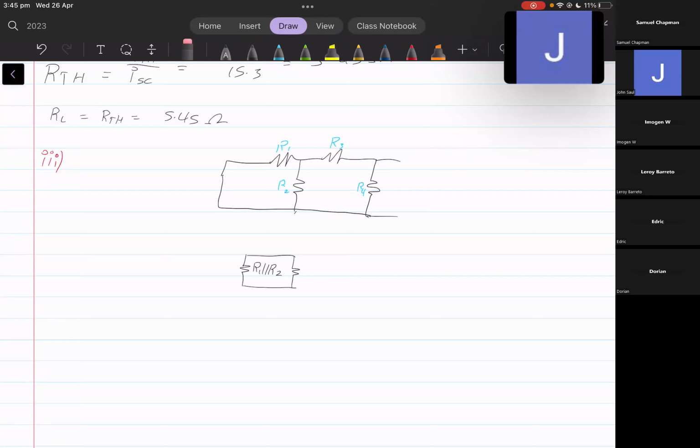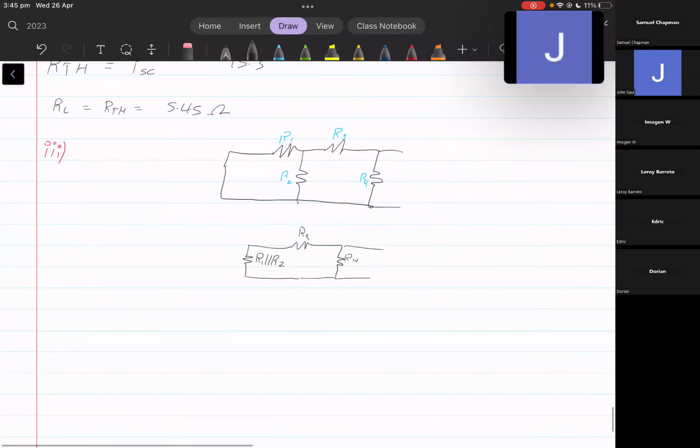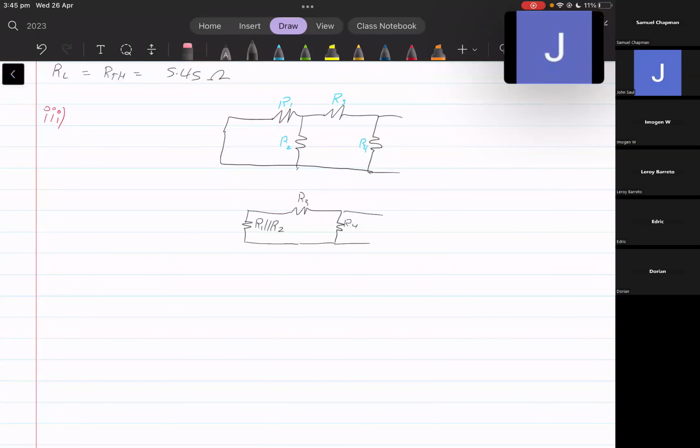So then you get this. And then hopefully we can see just by looking at that, we'd have what? R3 plus, we get that equation.